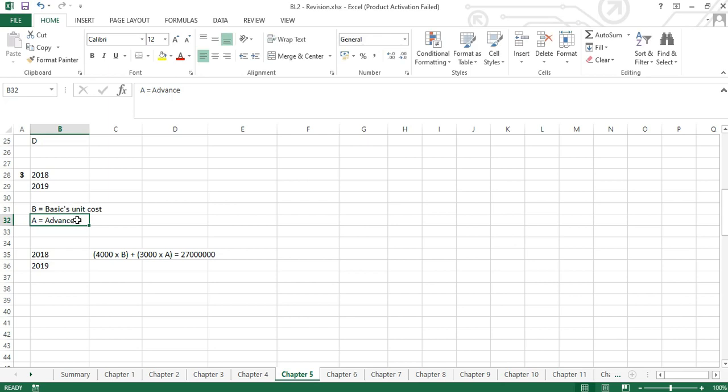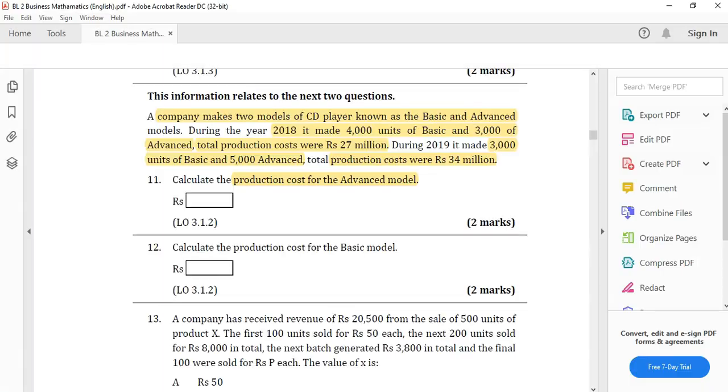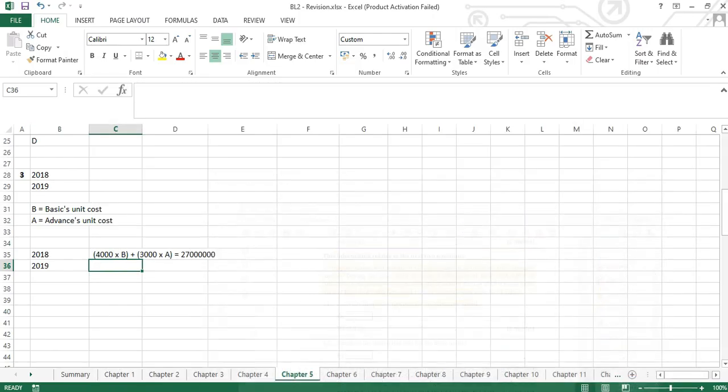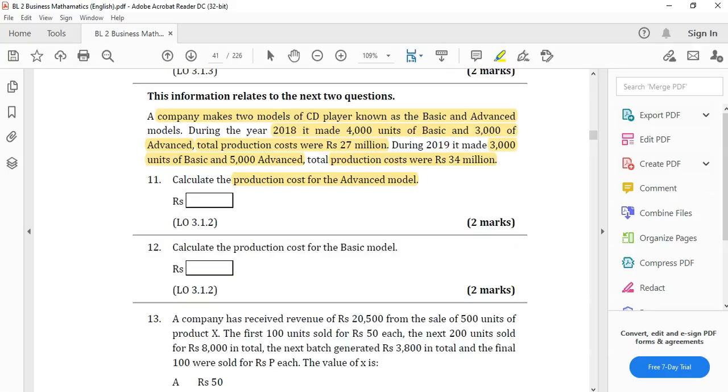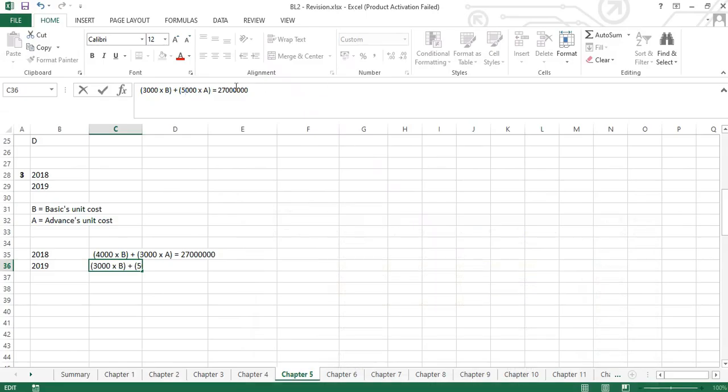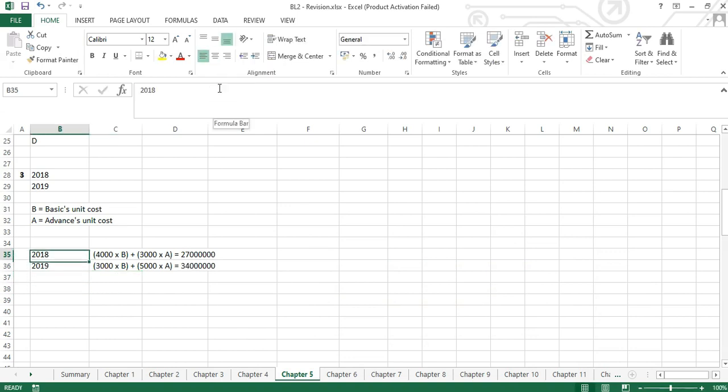B represents basic unit cost and A represents advanced unit cost, not the advanced unit. Okay. So this is one equation. The second equation is 3000 of B and 5000 of A is equal to 34 million. Now, this is our first equation, this is our second equation.